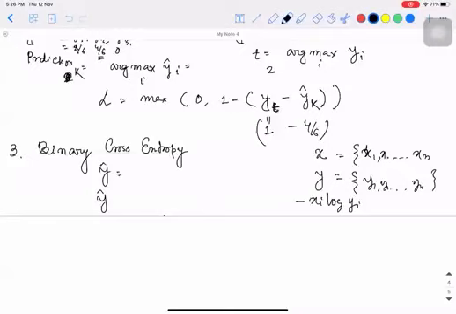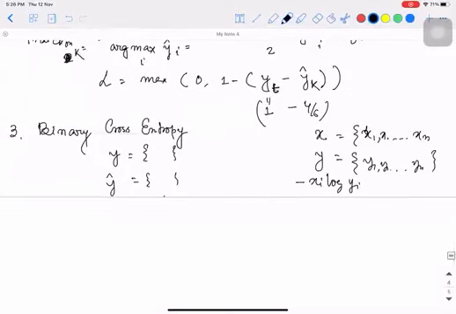In case of binary cross entropy, you have only two values. One is y, the other is 1 minus y. So it would be binary cross entropy: minus y log of y cap minus 1 minus y, because there are only two values.